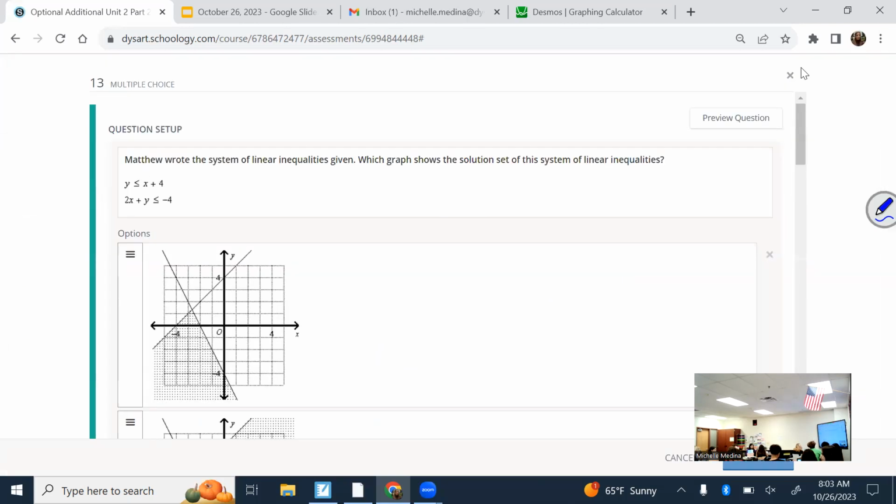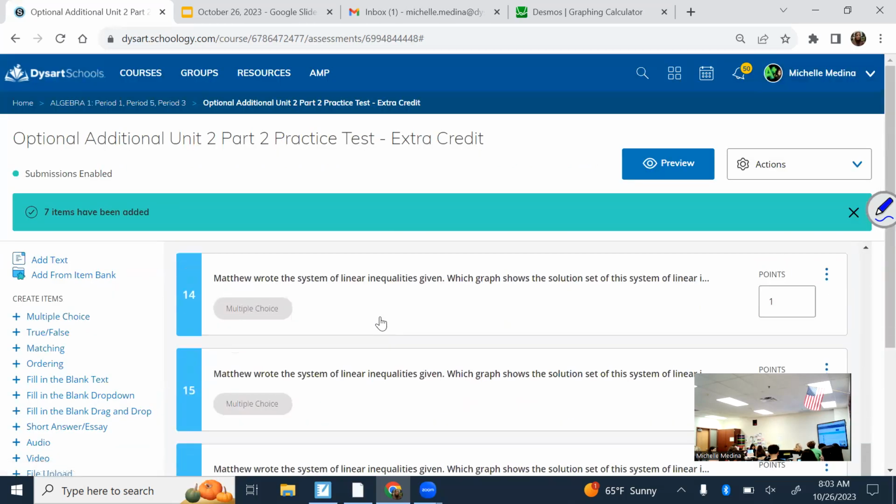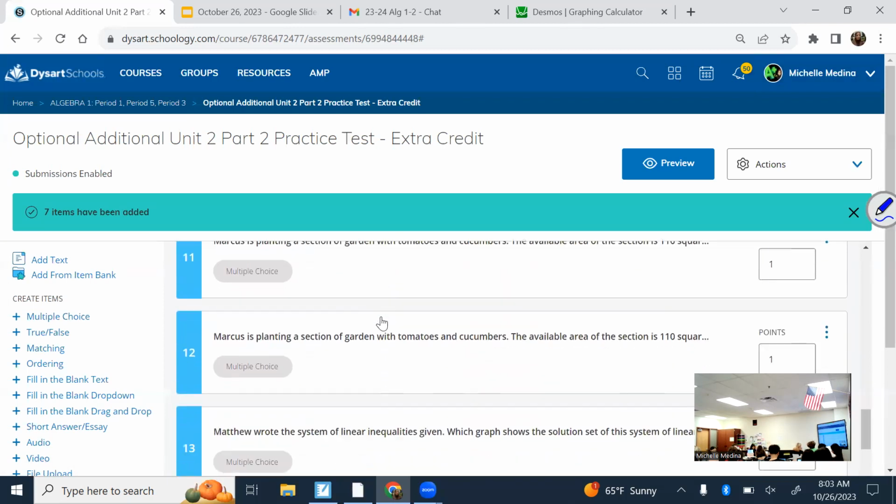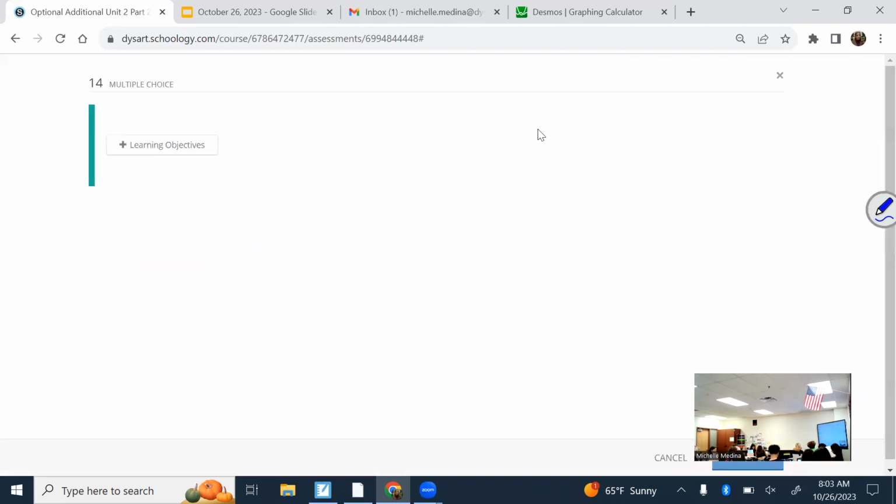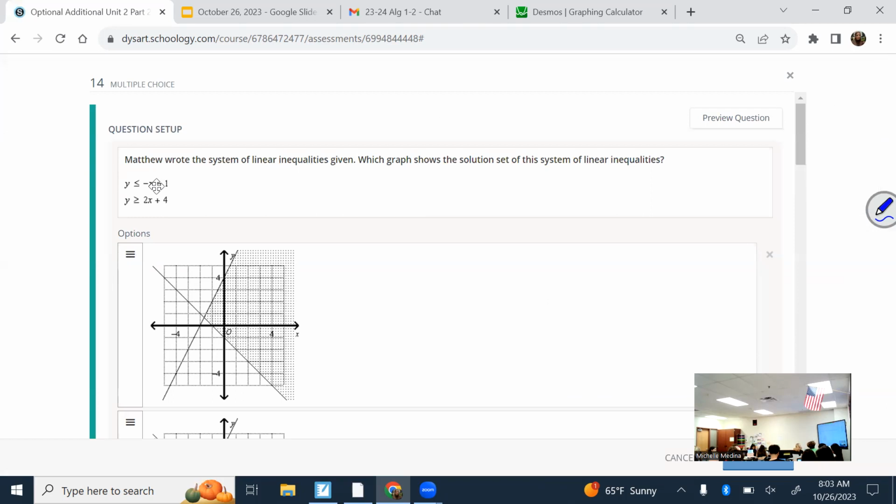Can you tell me what the first inequality is? Okay, negative x. So let me see. It's not that one, because they all say Matthew. Is it negative x minus 1? Yep. And then is the other one that one that's on the screen? Yep.